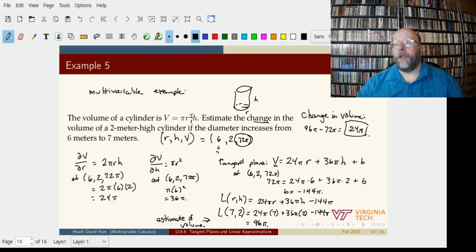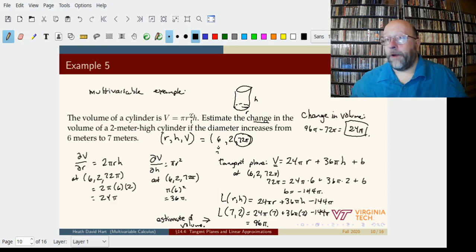And then we get b. I'm just rewriting the tangent plane now as a linearization. So this is a function. And then we plug the new cylinder in there, the one that's 7 meters in radius instead of 6 meters in radius, to get a new volume. And then we figured out what the change in volume was. All right, let's keep going.